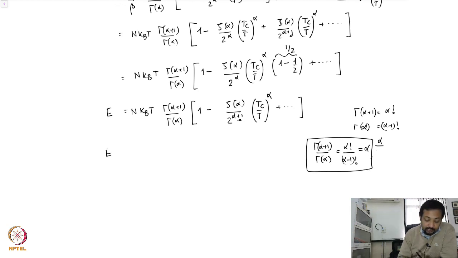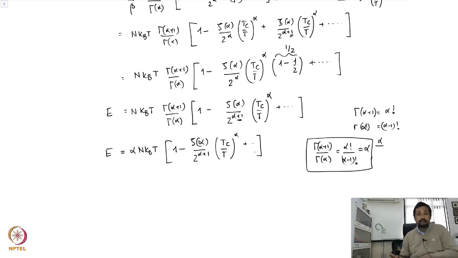So first we write down E is going to be alpha nkBT times 1 minus zeta of alpha 2 to the power alpha plus 1 Tc over T raised to the power alpha plus higher order terms.